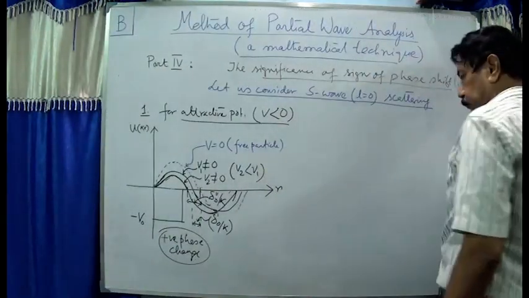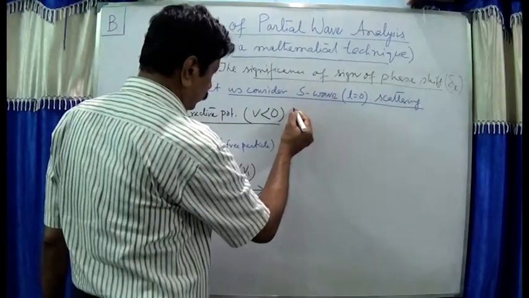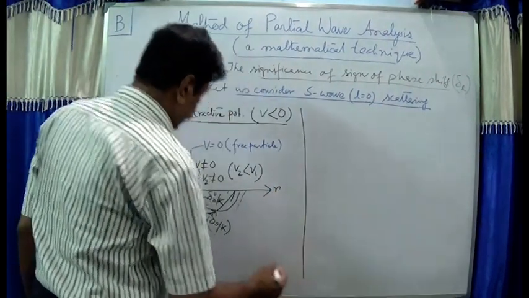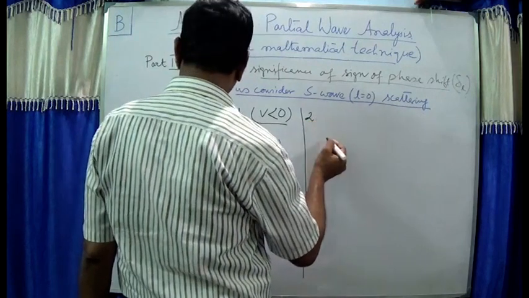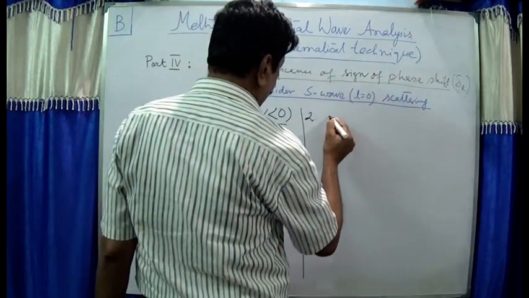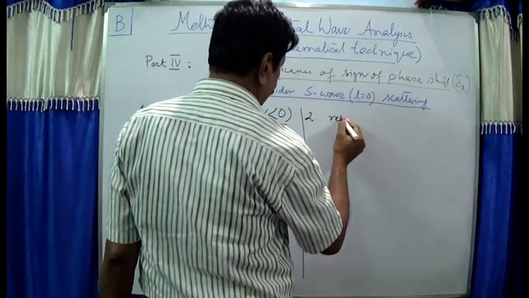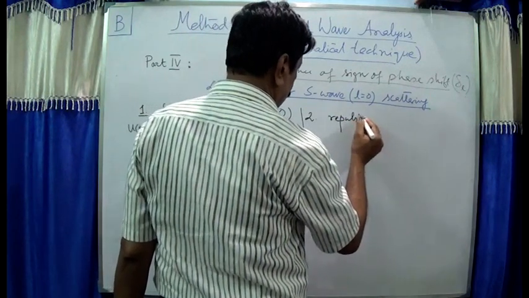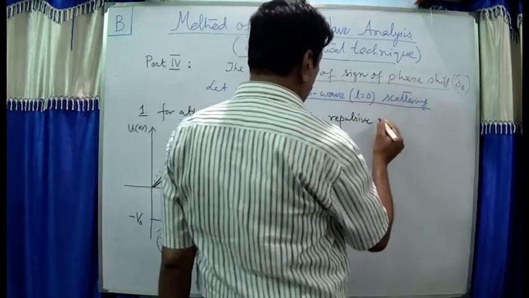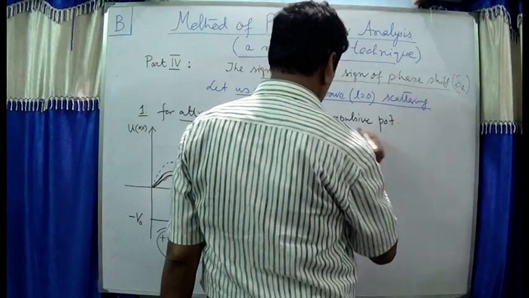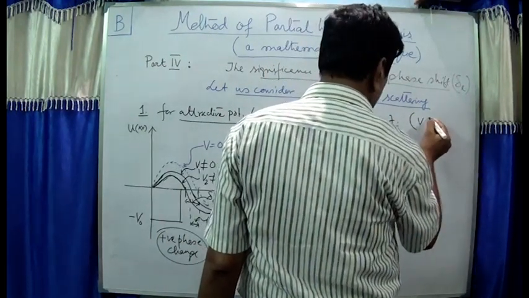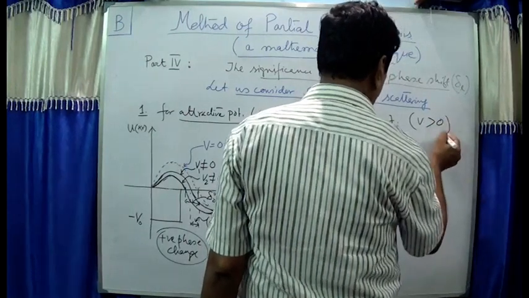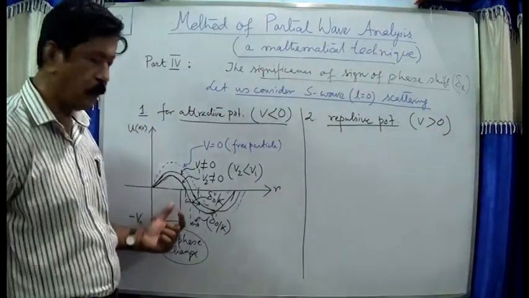Okay. Now let us discuss the second case, the repulsive potential. If the potential is repulsive, it is quite natural to have a physical situation just opposite to this.